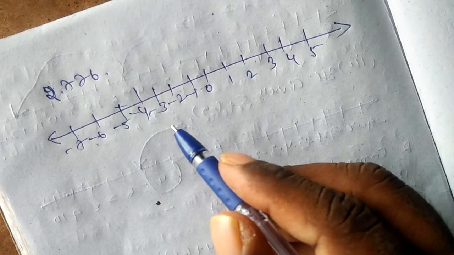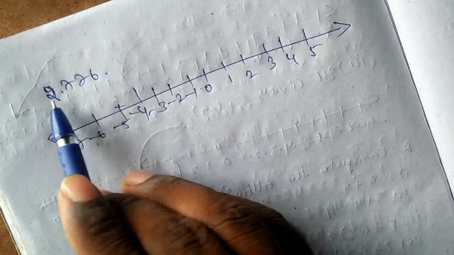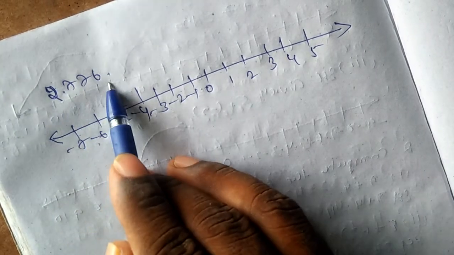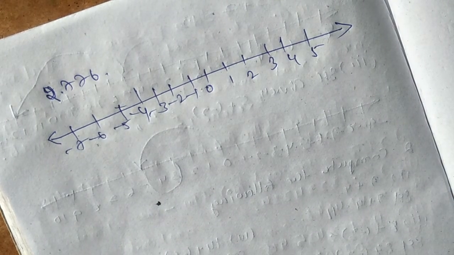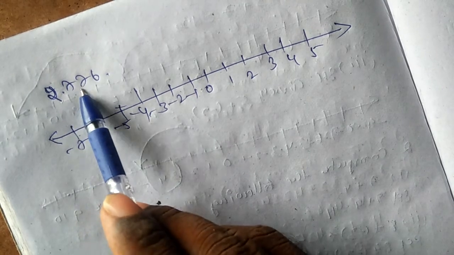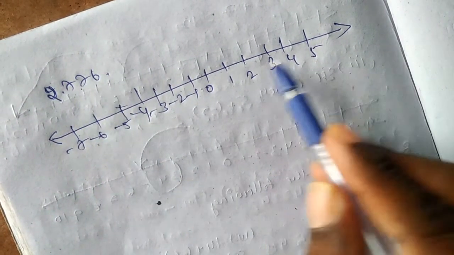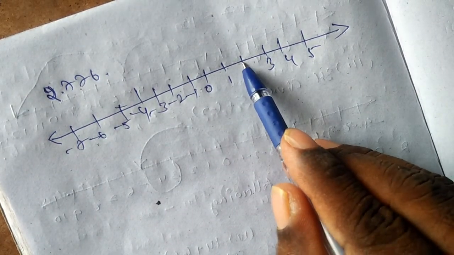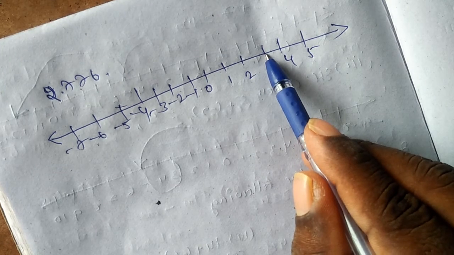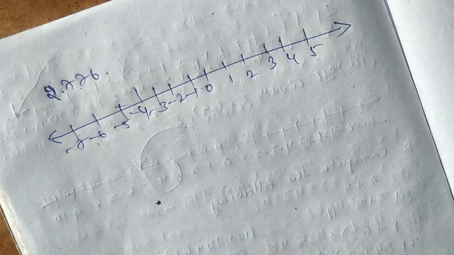Now 2.776 is a terminating decimal. Where does it lie? It is more than 2 and less than 3, so this number lies between 2 and 3.